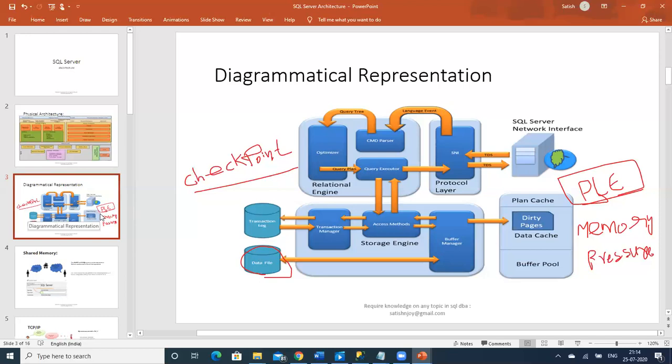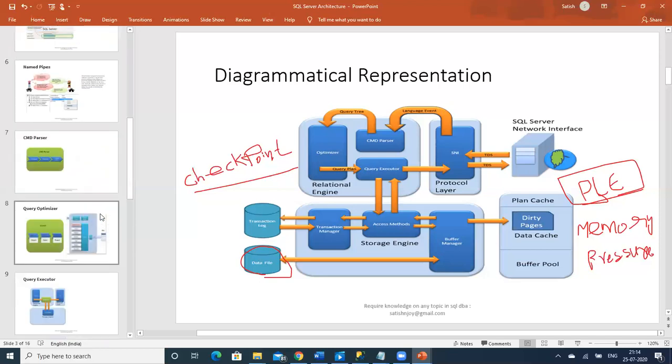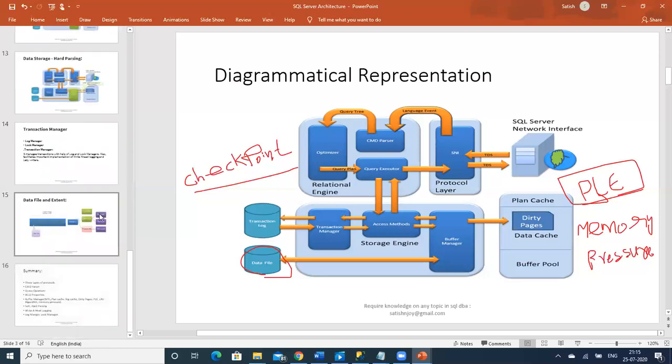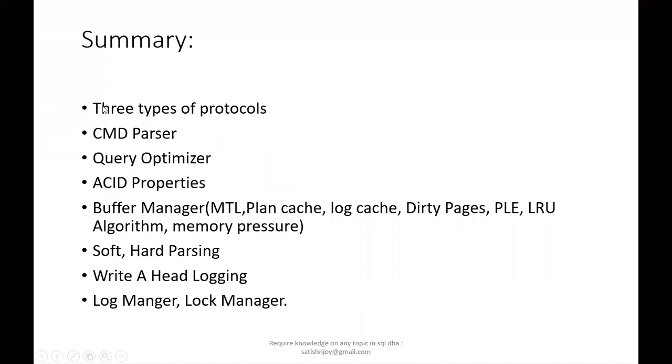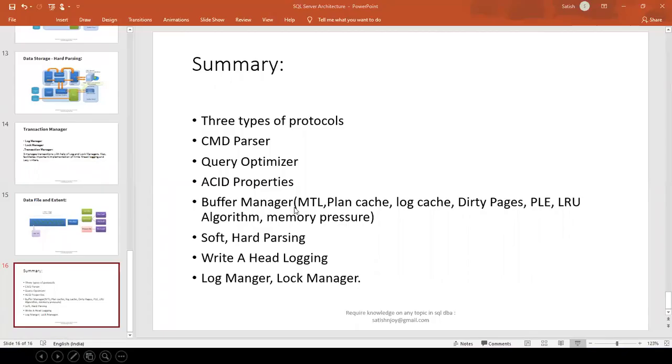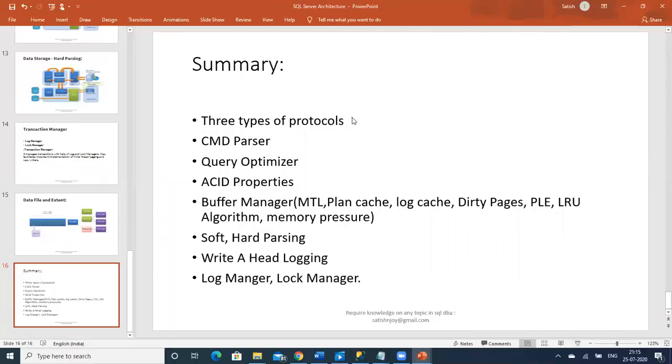Just a recap, we are discussing our previous session. In our previous session, we also discussed three types of protocols that we use in our SQL Server, the CMD parser, and the query optimizer, which generates optimal plans.